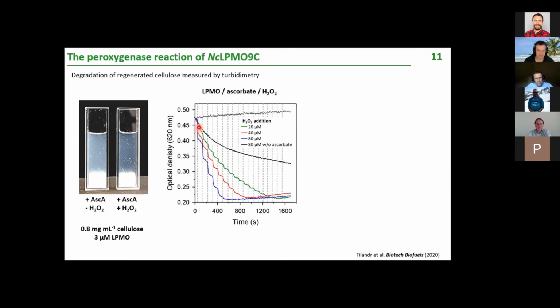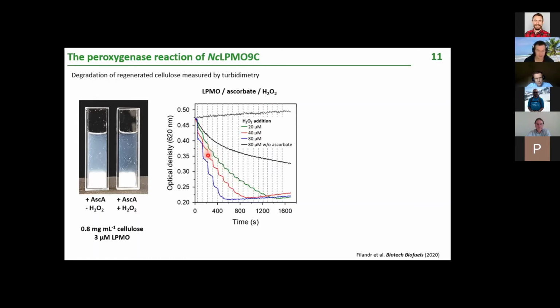And what we see here is in fact the same experiment. This is a solution containing cellulose, containing ascorbic acid, and the LPMO. And here I added stepwise fractions of hydrogen peroxide at different concentrations. So at each step I would add hydrogen peroxide, and you can see that the absorbance or optical density instantly drops.